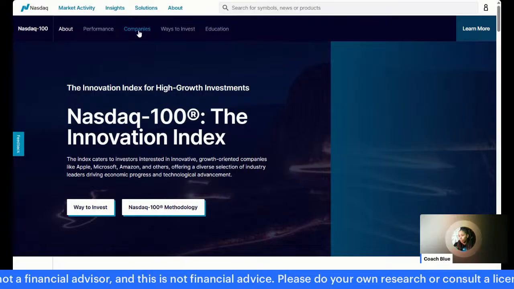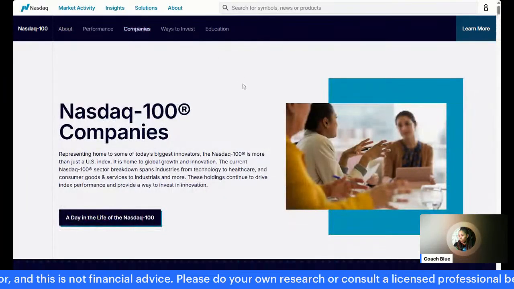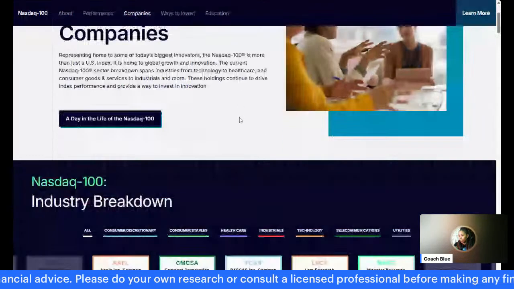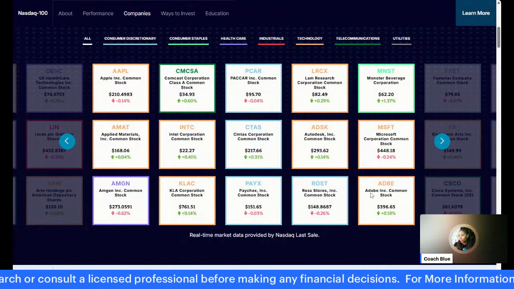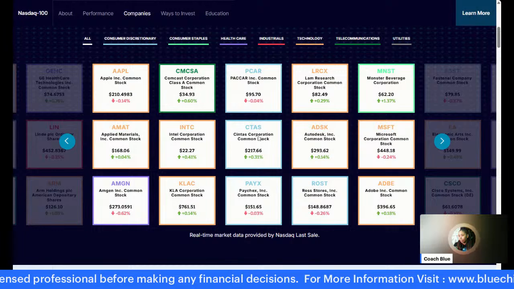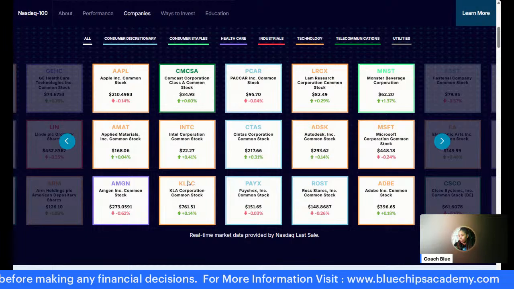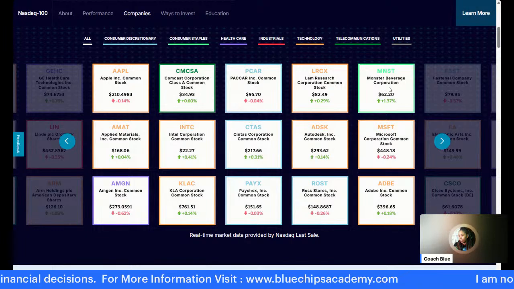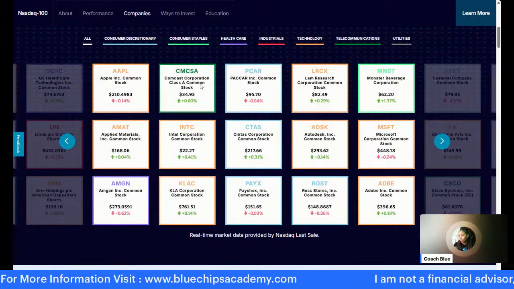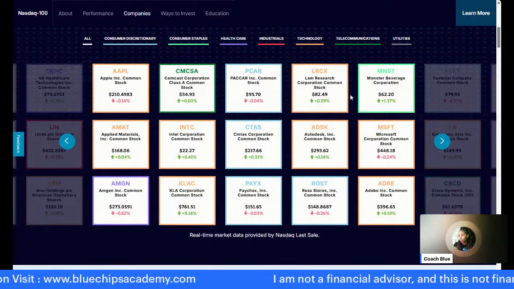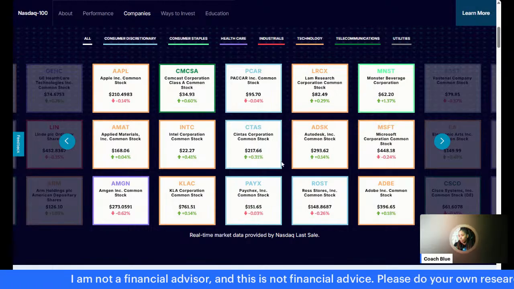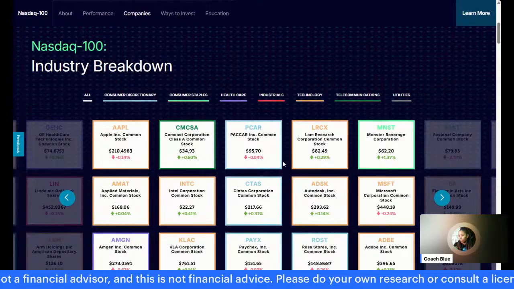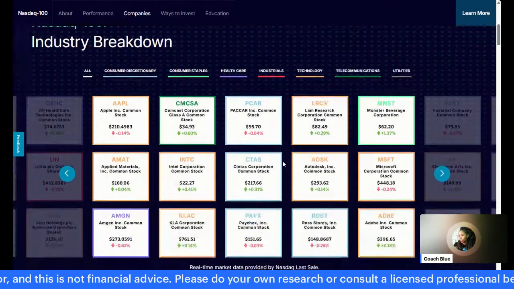So these are some of the companies that you may be familiar with: Apple, Adobe, Ross, Microsoft, Cintas, Intel, Monster Beverage, Comcast. A lot of companies you are familiar with. We're trading the index comprised of all of these companies and how it responds to what's going on in our economy.